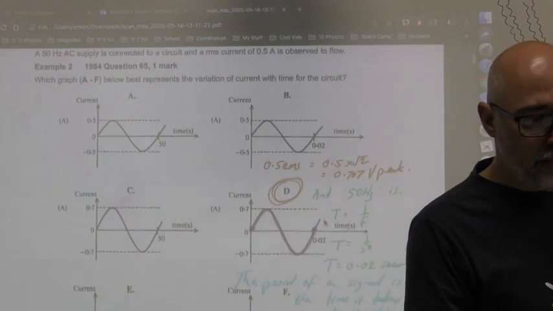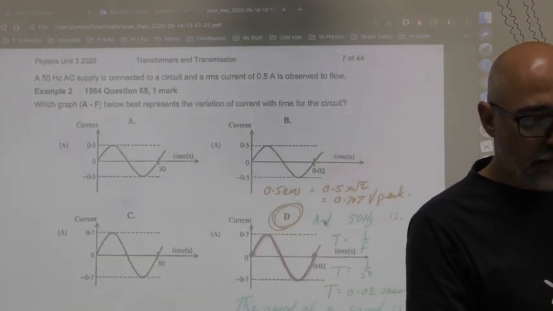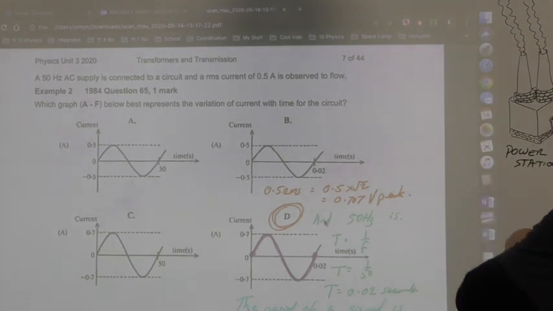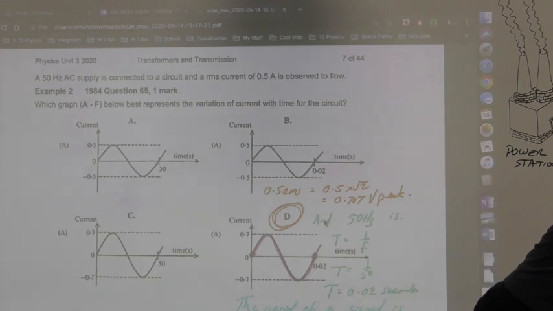All right, so if we look over here, a 50 hertz AC power supply is connected to a circuit and an RMS current of 0.5 amps is observed to flow. All right, so it says an RMS, so that is 0.5 amps, okay. Which graph best represents the variation of current with time for the circuit?